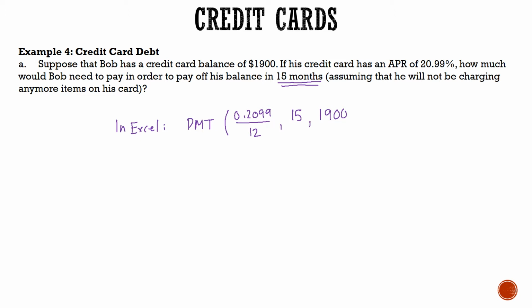In this case, we are looking for paying off a certain amount that we borrowed and have presently. So that's why we're putting the 1900 in the present value argument. And this is going to come out to approximately $145.11 per month. So if Bob wants to go ahead and get his credit card paid off in 15 months, he's going to need to make payments of $145.11 each month.